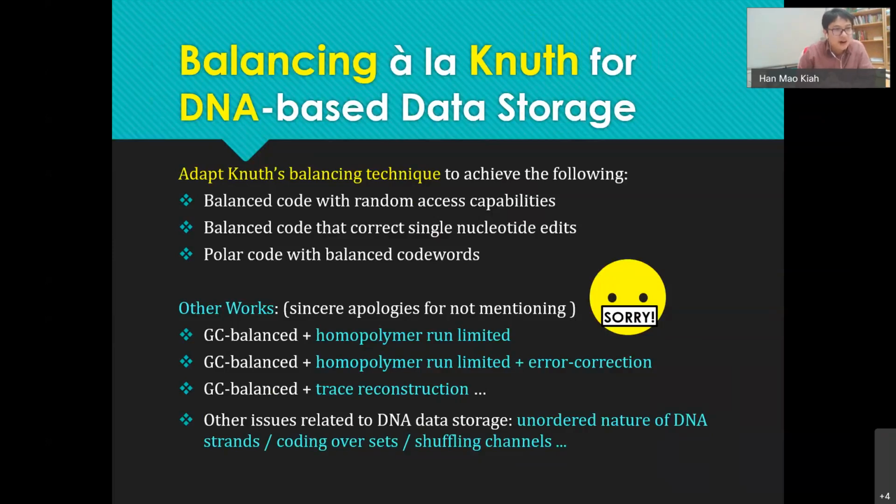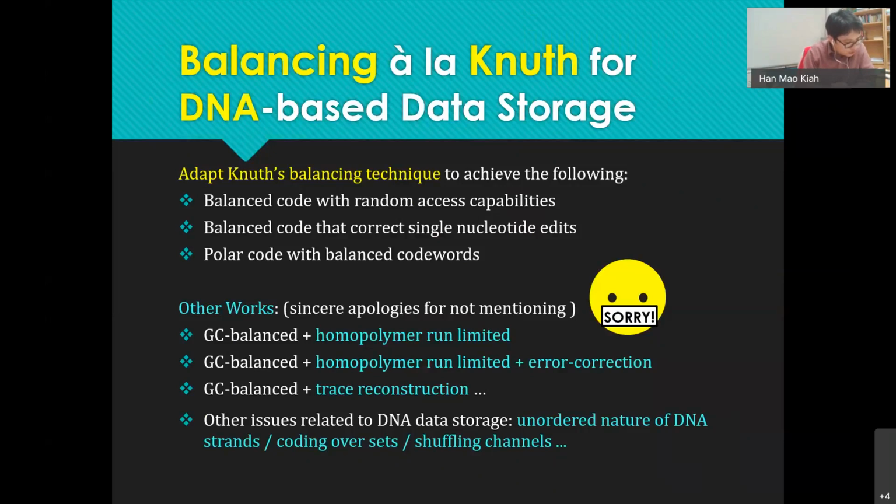Now, to be very clear, there are many other works in the community that look at similar issues. There is work on GC balance, and with an additional constraint called the homopolymer run constraint, where you constrain the runs of the same symbols.